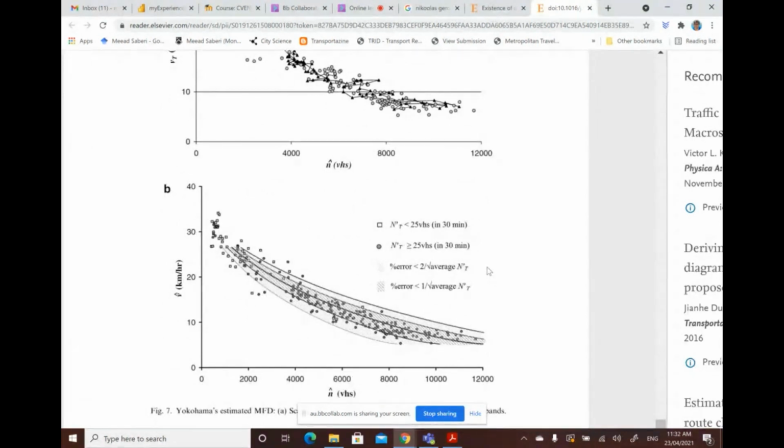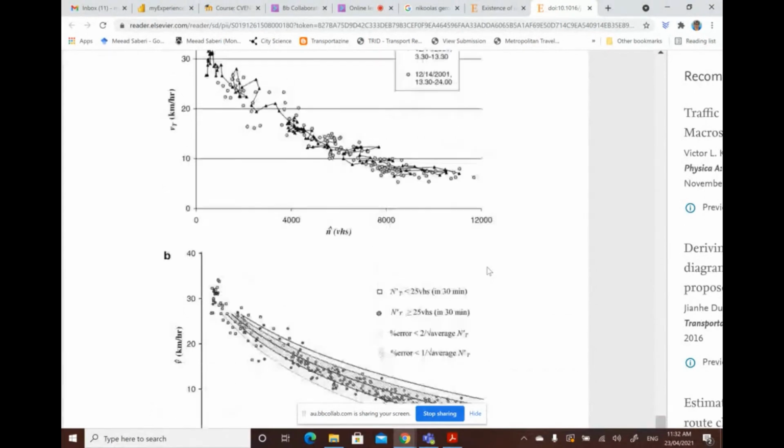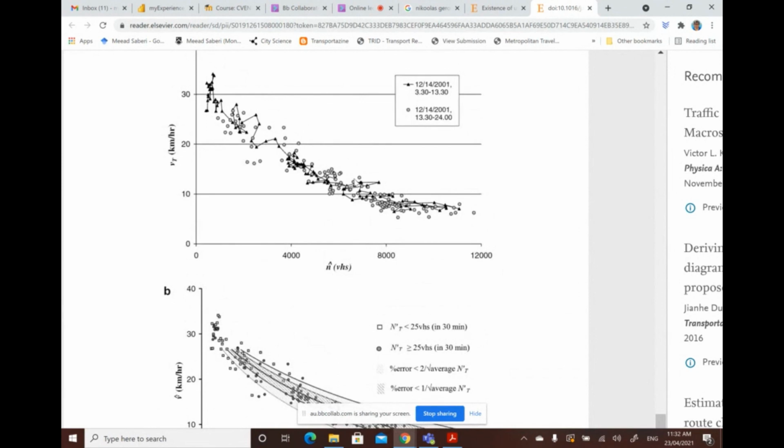Which again, is a little bit beyond what we're going to cover in this course, but I just wanted to give you an example of how this MFD is used in reality. They use it for traffic control. For example, if you want to keep the average speed in your city around 20, that means you must somehow keep the number of vehicles in the network below 4,000, either by encouraging them to shift from driving to public transport, or shift their departure time, or by what we call perimeter control.